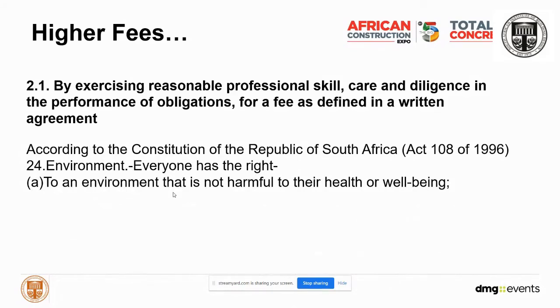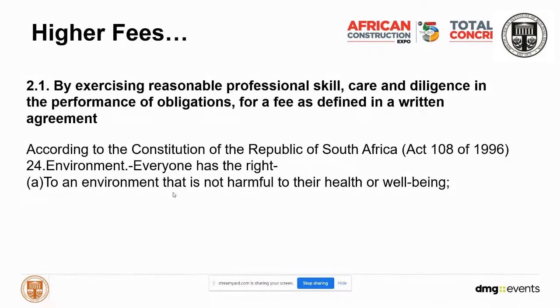So part of this idea is that we need to then consider our responsibility as professionals. And I just want to refer to Act 108 of 1996, which comes from the Constitution of South Africa. Section 24 talks about the environment and says that everyone has the right to an environment that is not harmful to their health or to their well-being.